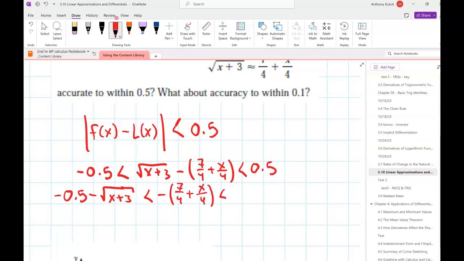But remember, since it's a compound inequality, we have to do it from both places, right? And now I'm going to multiply by the negative. So when I do that, what do I have to remember?